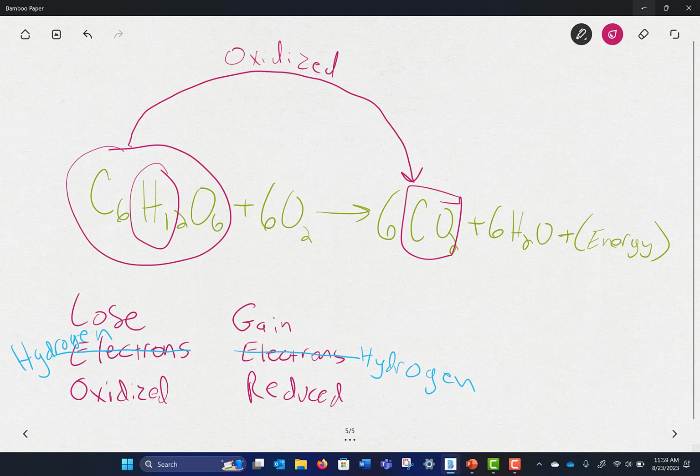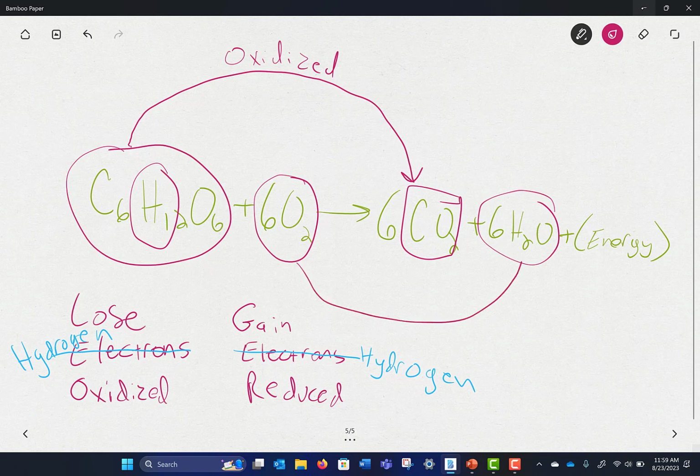Now, what about the reduction part? Gaining hydrogen. Is there anywhere on the left where we have something that does not have a hydrogen, but if we look over on the right, it does have a hydrogen? Well, oxygen over here does not have a hydrogen with it, but oxygen over here does.